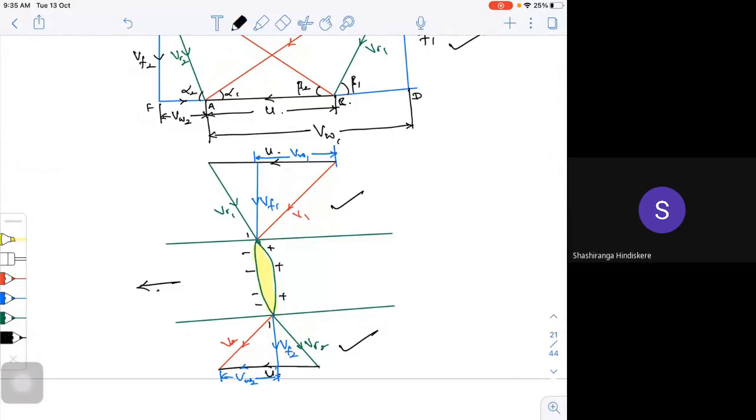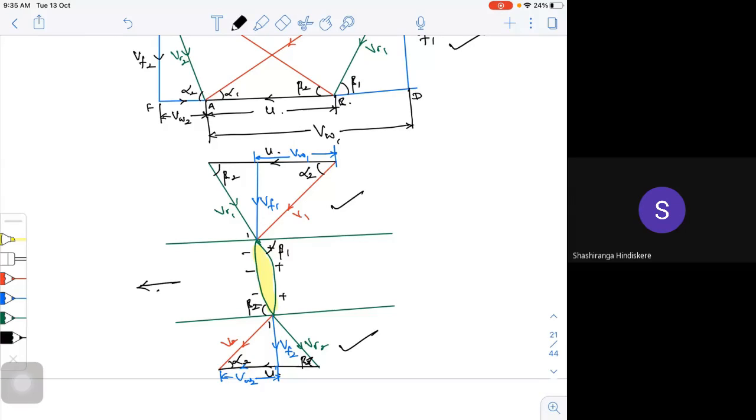If I try to draw it, this will be alpha 2, beta 2, this will be beta 2, alpha 2. If I try to measure it, this will be my beta 1, and if I try to measure somewhere here, this will be my beta 2.